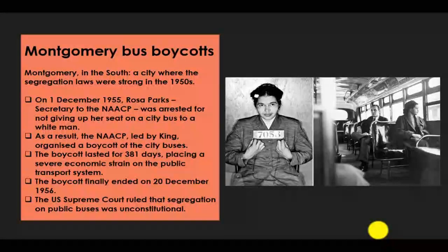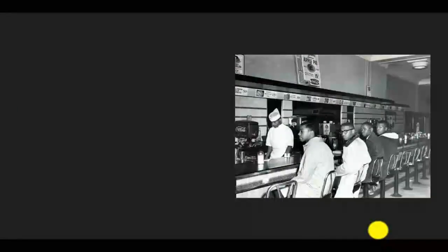Or, alternatively, they may look at a few of the different protests. So they might look at the Montgomery bus boycotts as well as the sit-ins, as well as the freedom rides, okay? And then your sources will center around looking at passive resistance in its entirety, rather than just one singular case study.